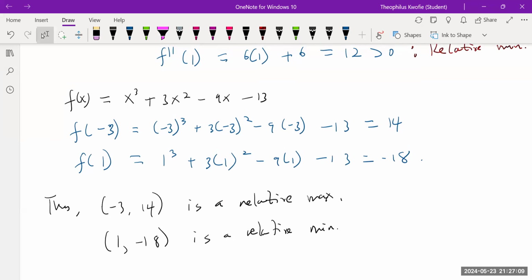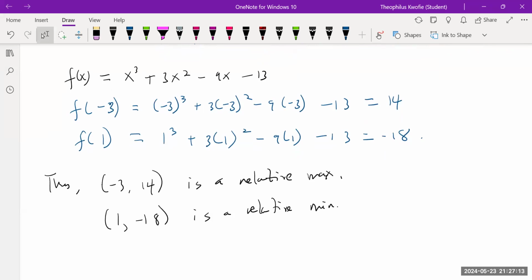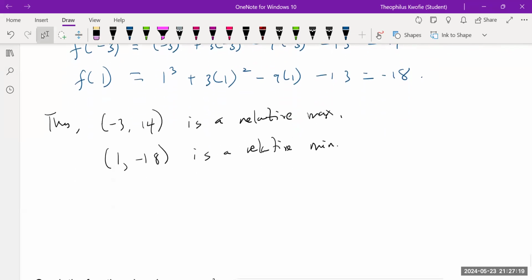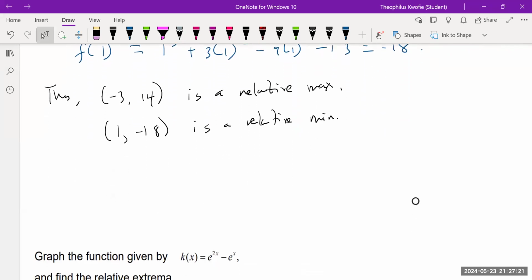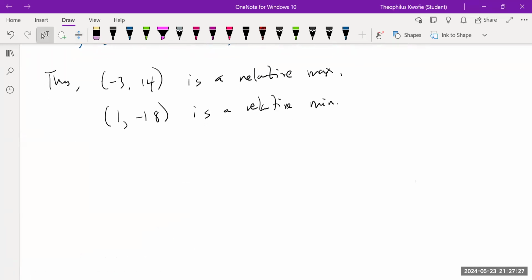Now, the question is, what would be the graph of this? Looking at this, it is easy to graph because of the coordinates we have. If you have the coordinates, it's easy to graph it.